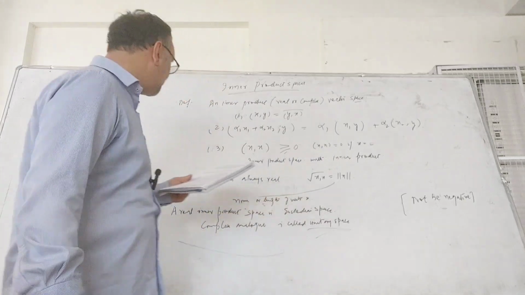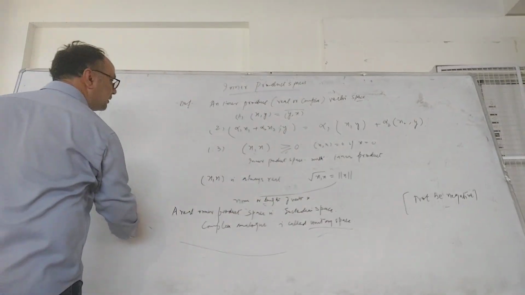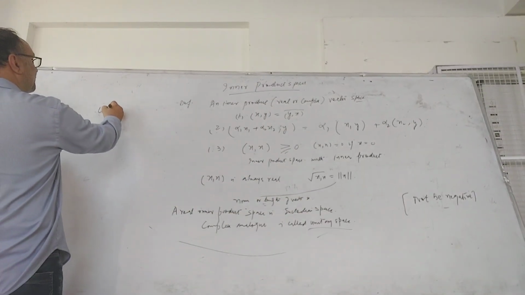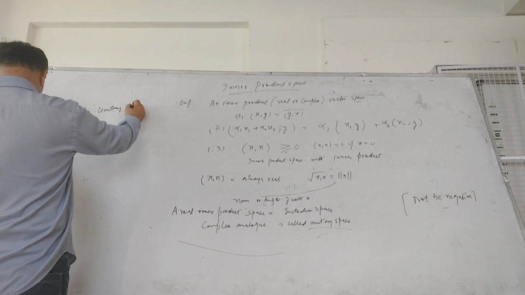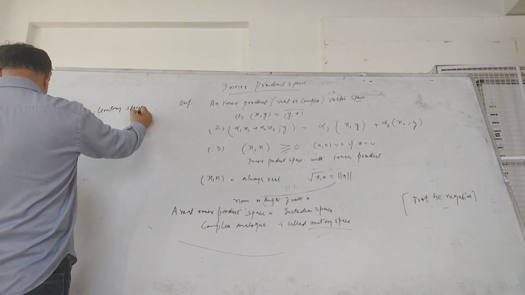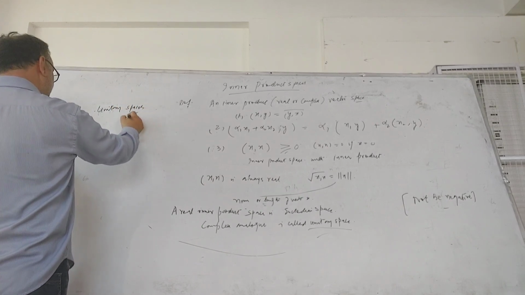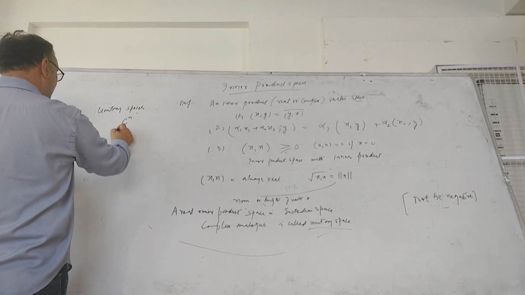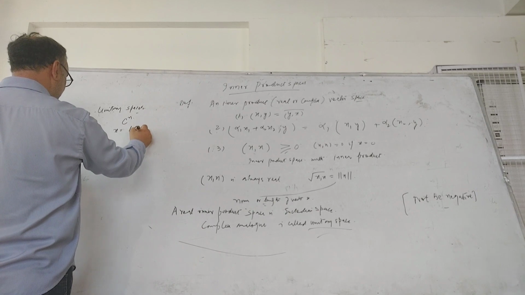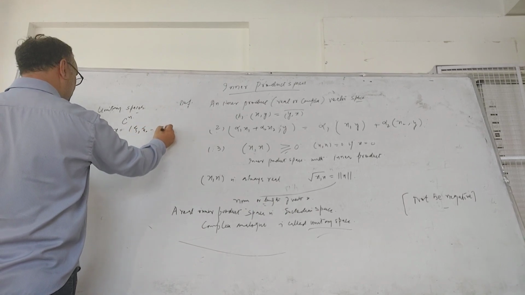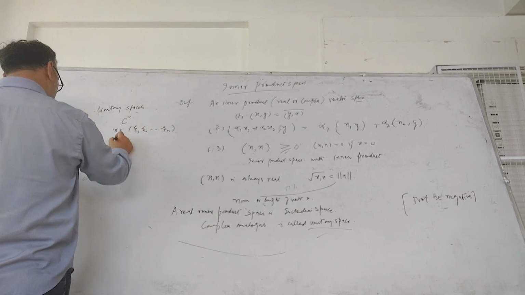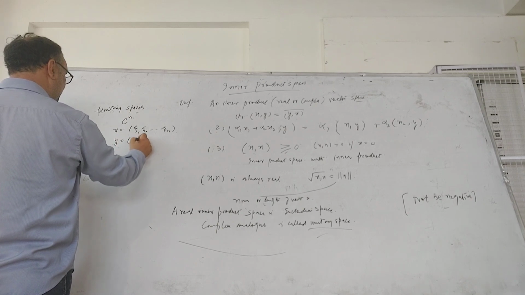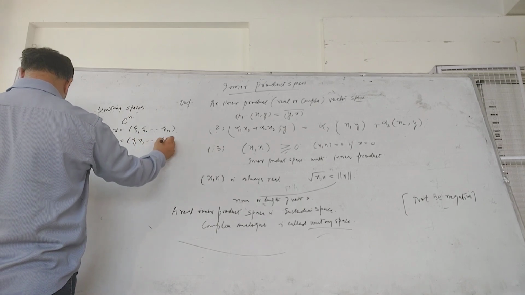If there are unitary spaces, maybe in Cn, we can write x as zeta 1, zeta 2, and so forth, and y as eta 1, eta 2, and so forth.